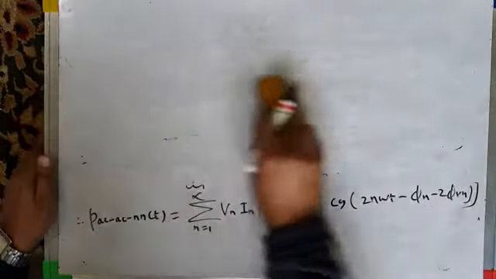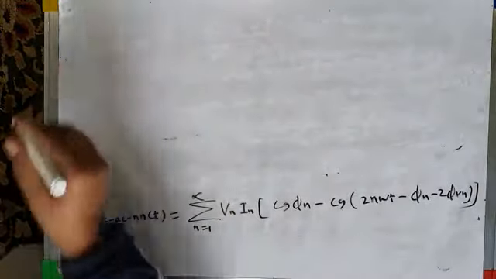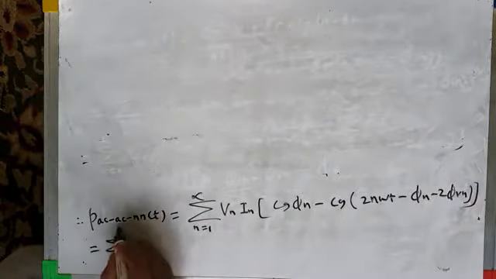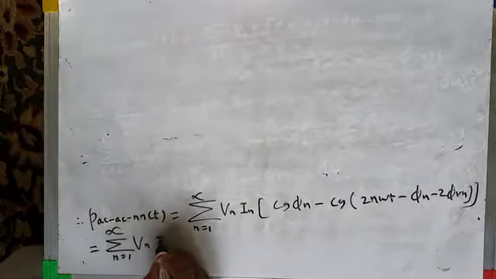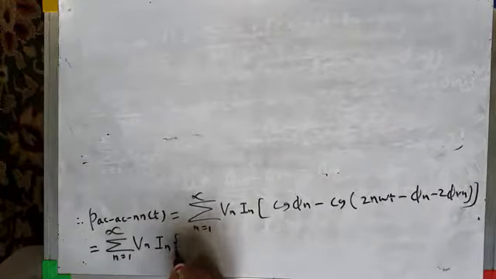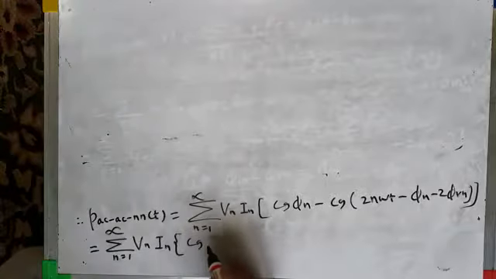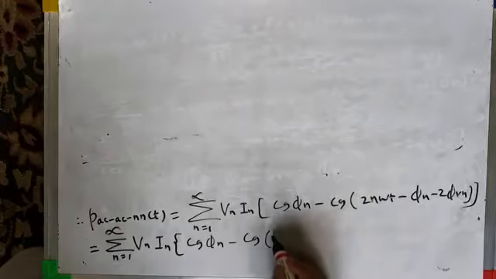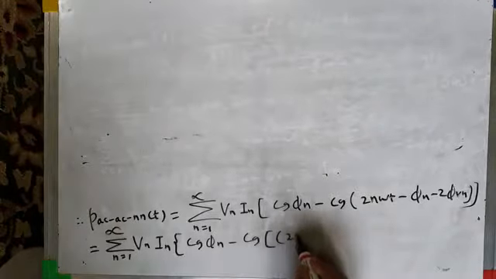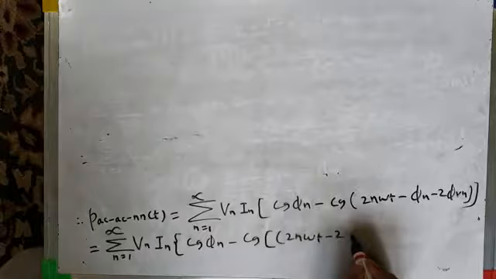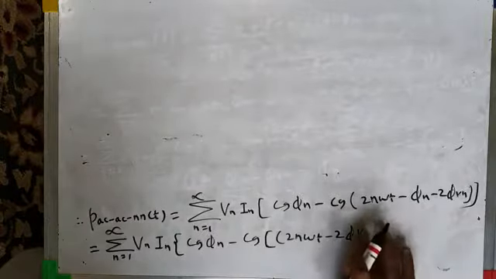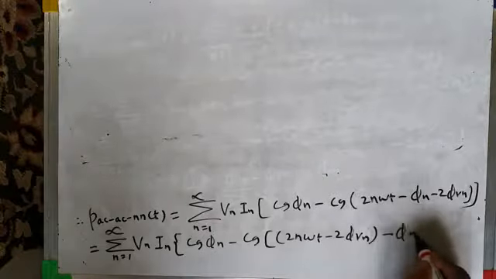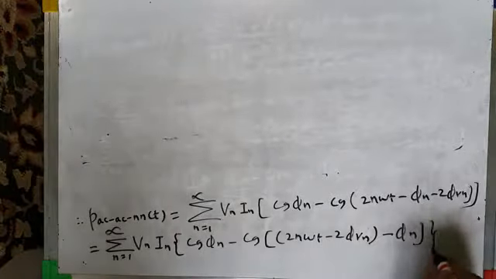So further simplification will give, it will be equal to summation n equal to 1 to infinity Vn In times cos of phi n minus cos of 2n omega t minus 2 phi Vn minus phi n. So I have just rearranged the terms, that's all.